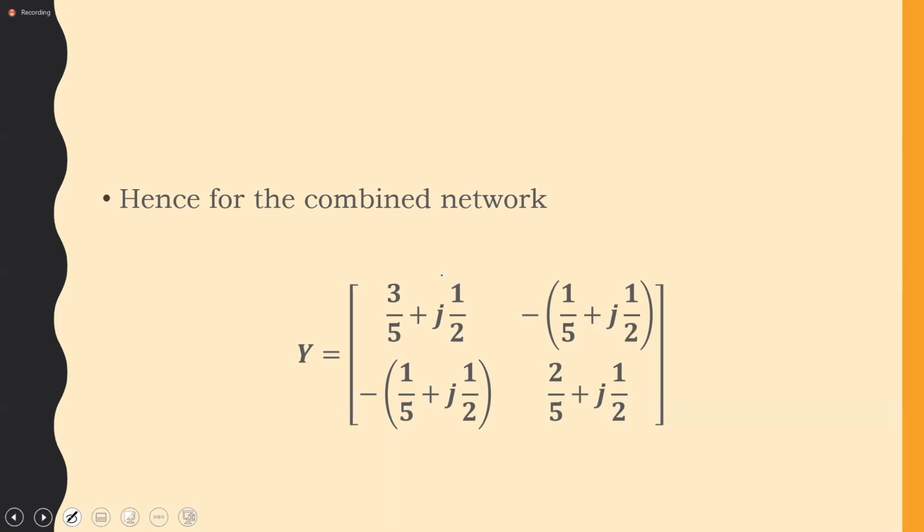Sir, yes. If we're simply adding the two network Y parameters, sir, why would we negate the entire section down? Oh, never mind, okay, sir. All right.